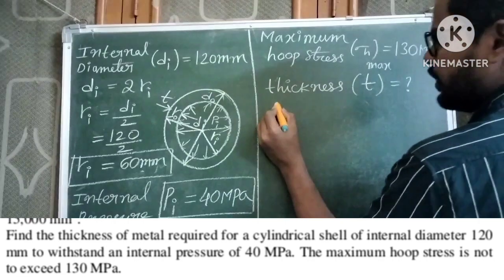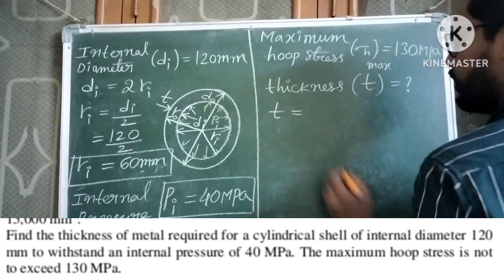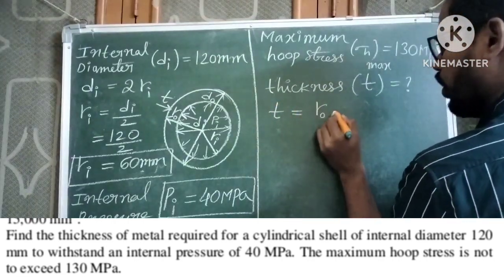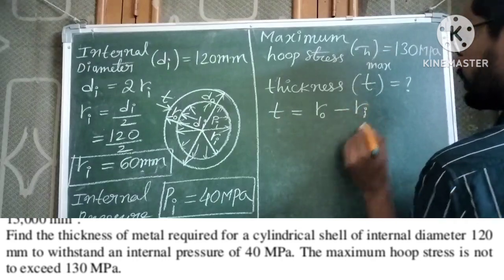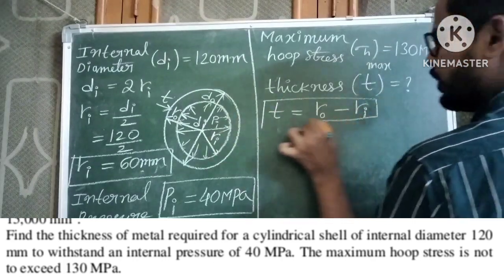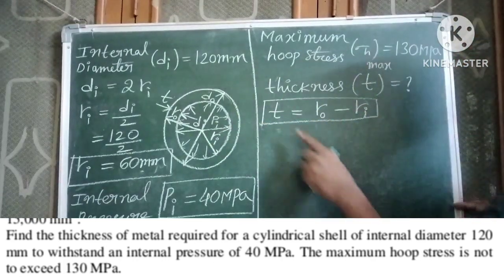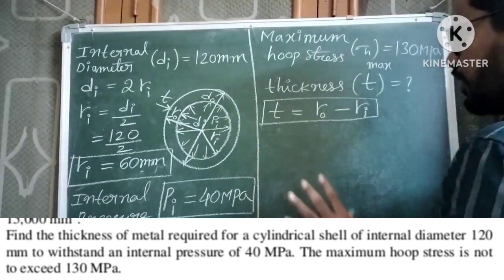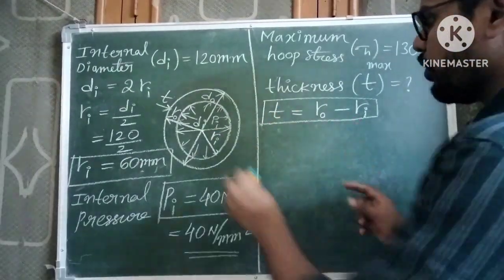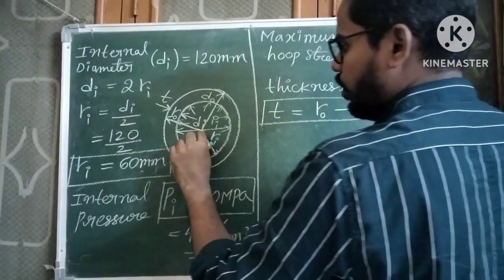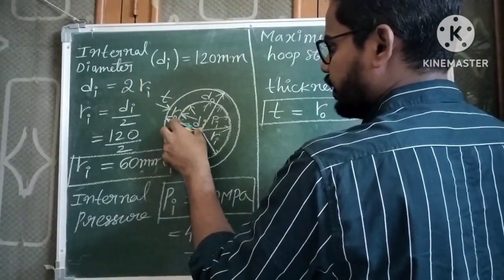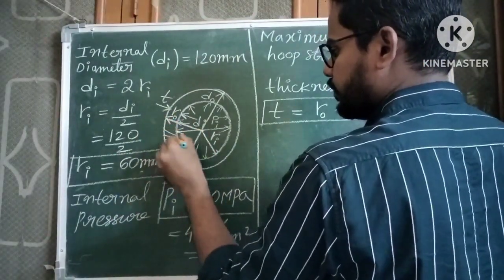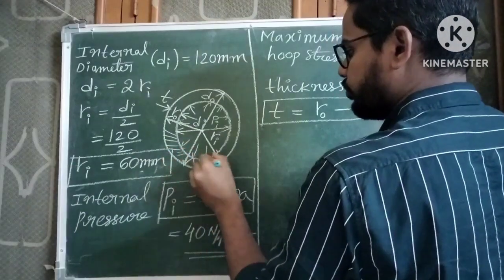So thickness T of the cylindrical shell is equal to outer radius minus inner radius. This is the formula for thickness. T is equal to outer radius minus inner radius. This will be the thickness. Okay.